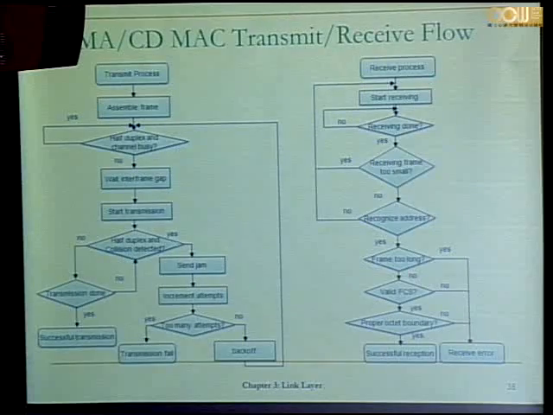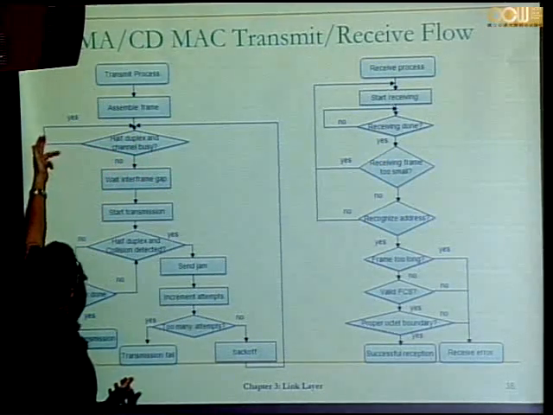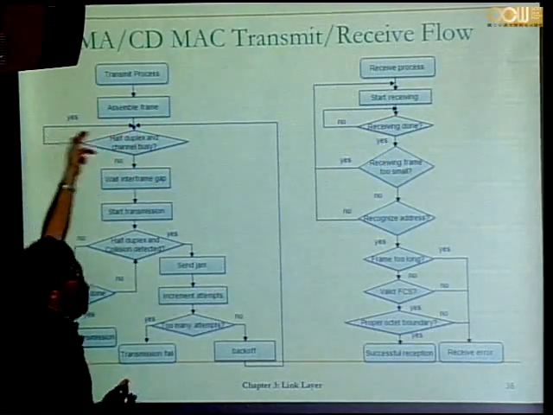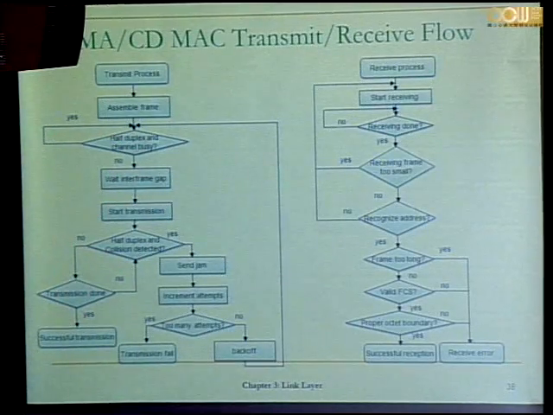And if it's half duplex but the channel is busy, okay, so that is true, right? Then you keep looping. You keep sensing whether the condition has changed. Of course, it will still be half duplex, but the channel might get idle later.